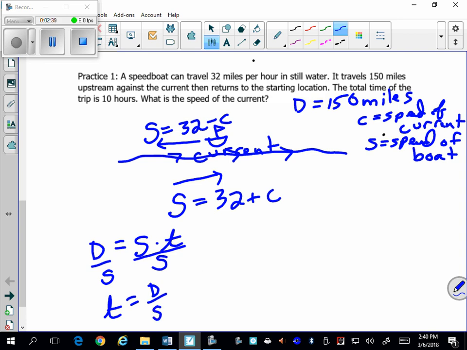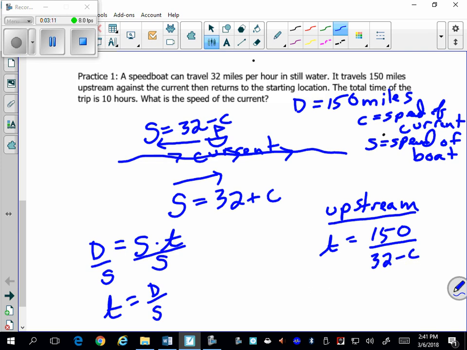For each scenario, with the boat going upstream and then downstream, we need two different formulas. Upstream, so against the current, time equals the distance, 150 miles, divided by the speed of the boat, 32 minus c.